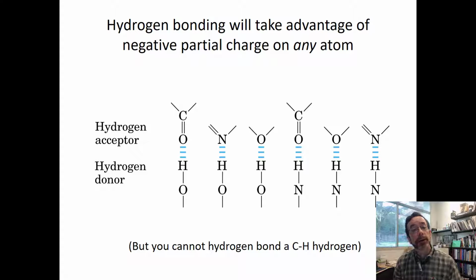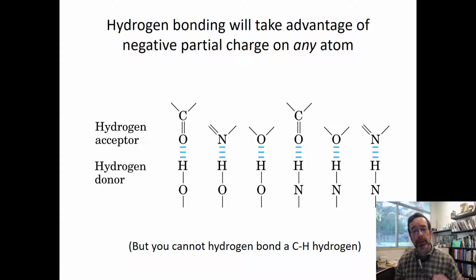Hydrogen bonds can also be formed to nitrogens. Nitrogen is also electronegative enough to form the partial negative charge that you need to form the attractive force for the proton. And so you see right here, you can have the nitrogen also acting as a hydrogen bond acceptor or a hydrogen bond donor on the bottom.